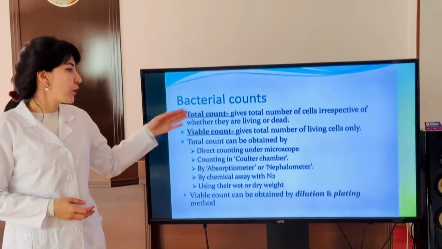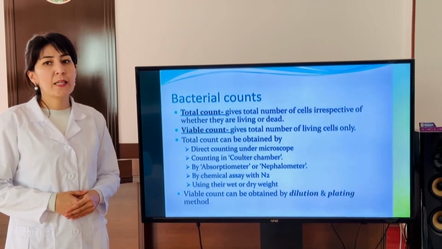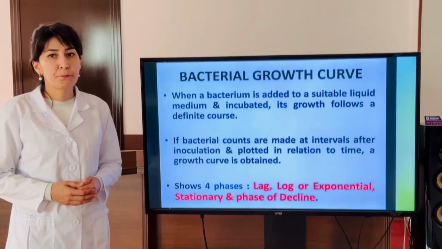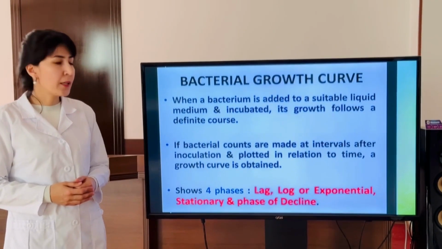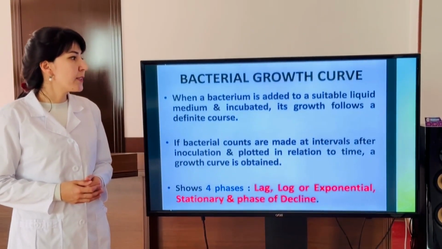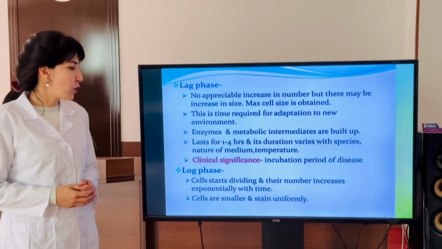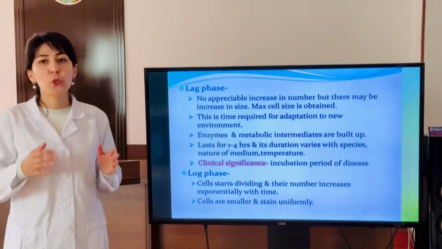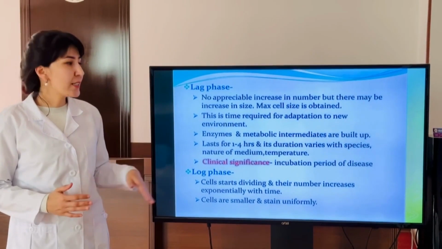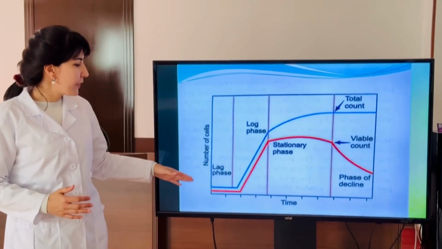Bacterial contents, the total count, viable count, and all of these are affected. Bacterial growth: when bacteria are added to a suitable liquid medium and incubated, growth follows defined courses with several phases.